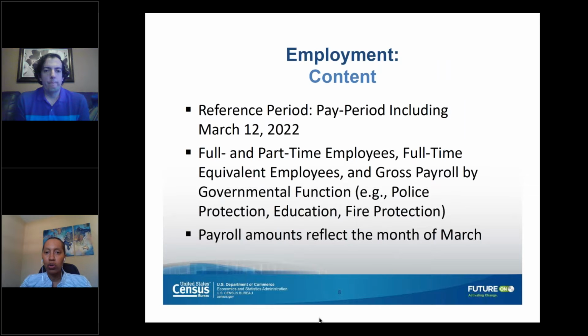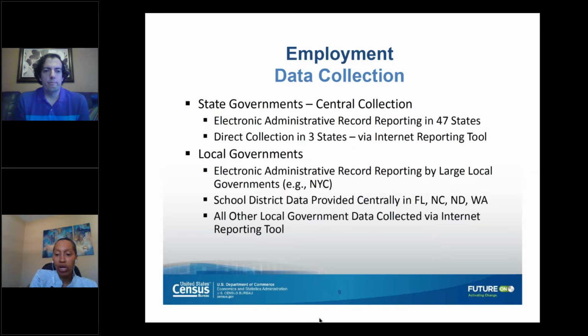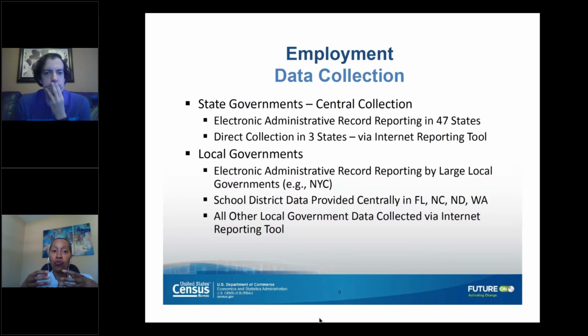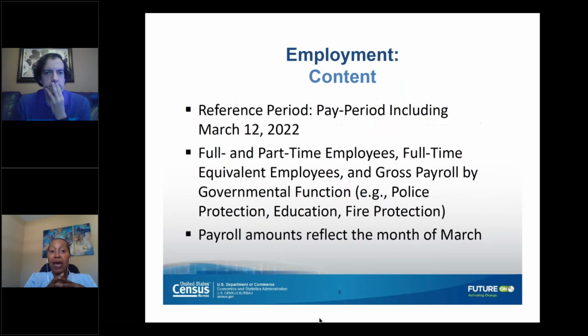The next component that I'm going to talk about is employment. The employment component provides state and local full and part-time employment, full-time equivalent, as well as payroll statistics by government function.